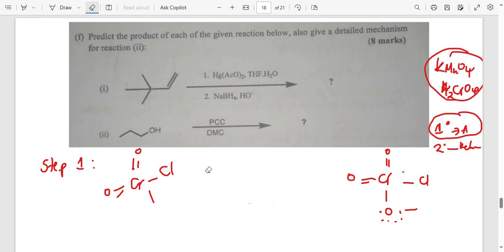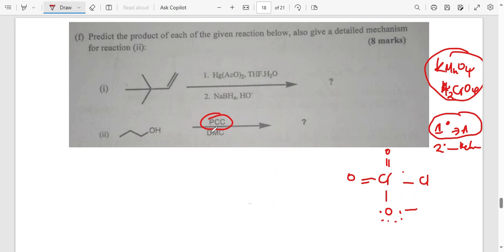Don't forget, pyridine is going to carry a charge. Yes, PCC is actually pyridinium chlorochromate.